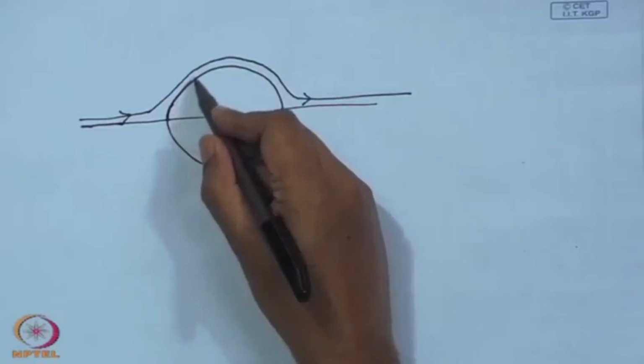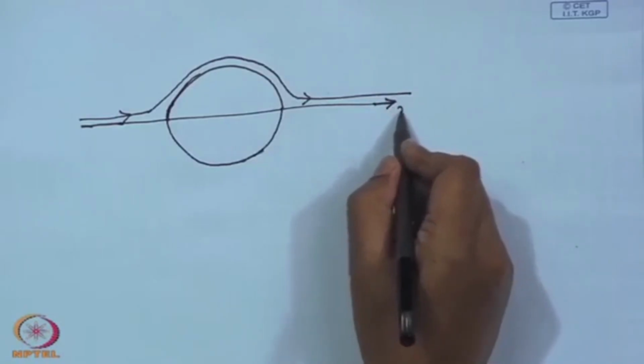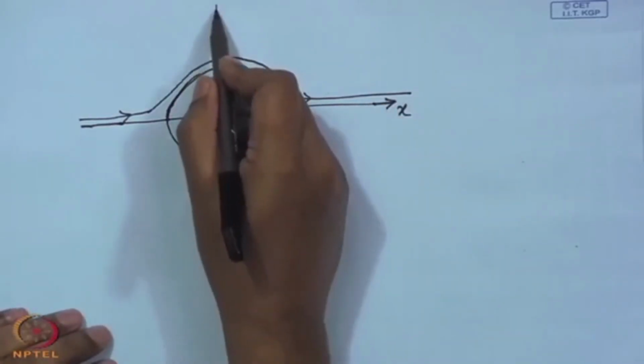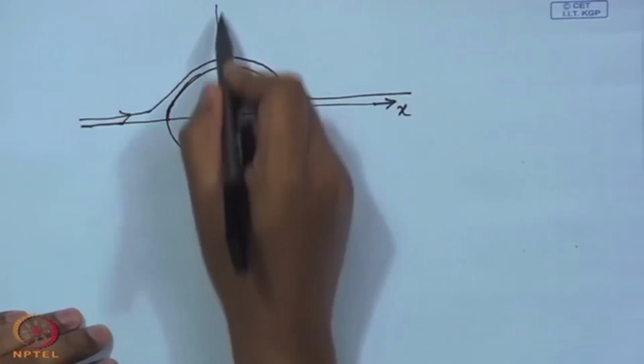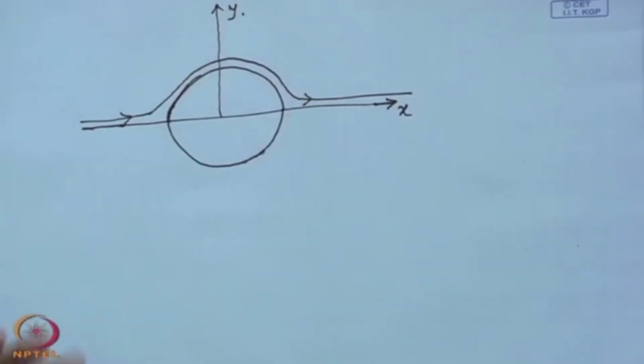Okay, what is the maximum thickness of this body? You can see from here that the body is symmetric with respect to both x and y axis, and the maximum thickness is of course at the y axis, that is at x equal to 0.